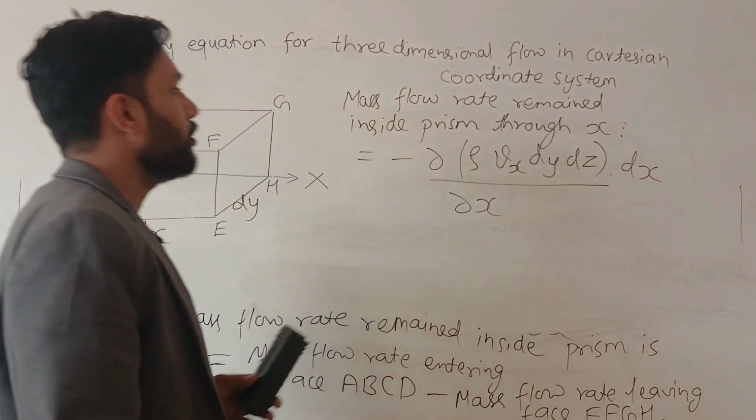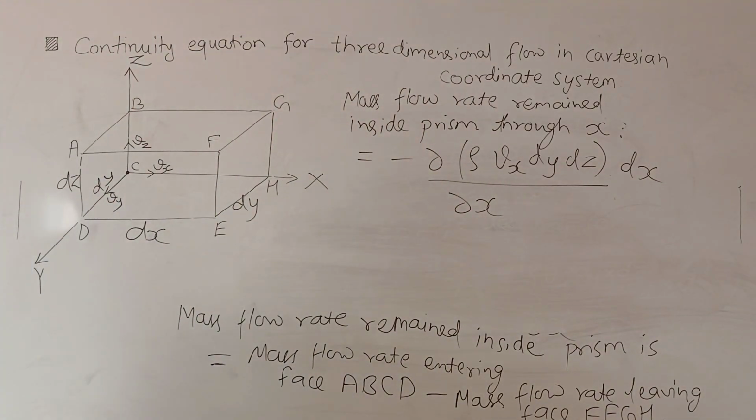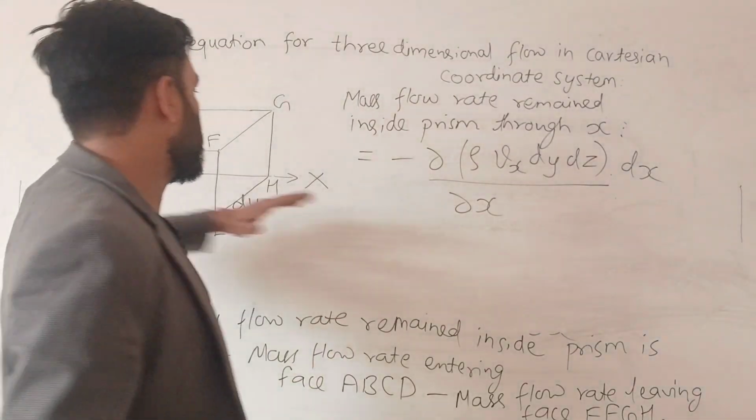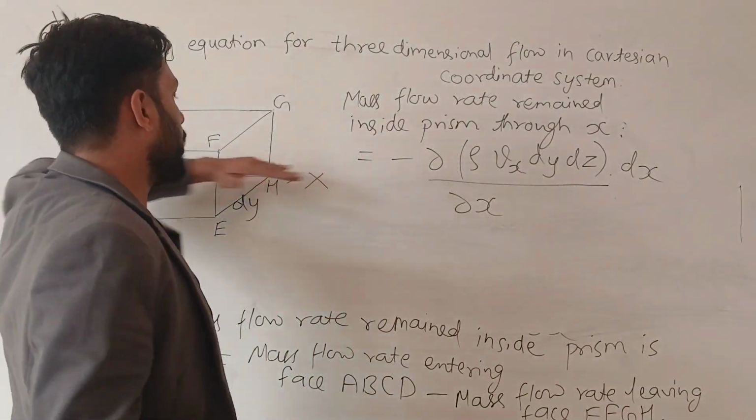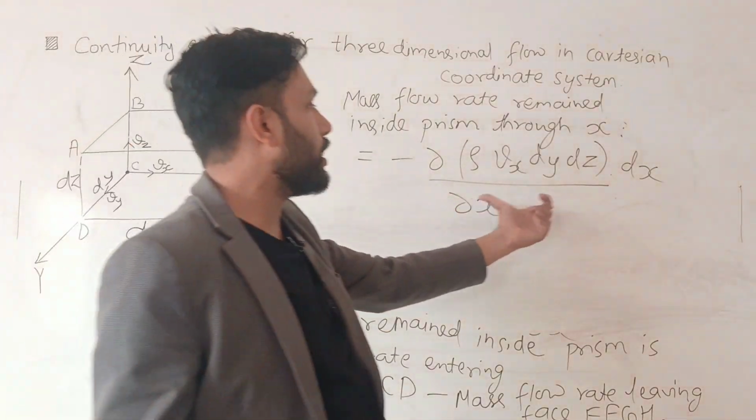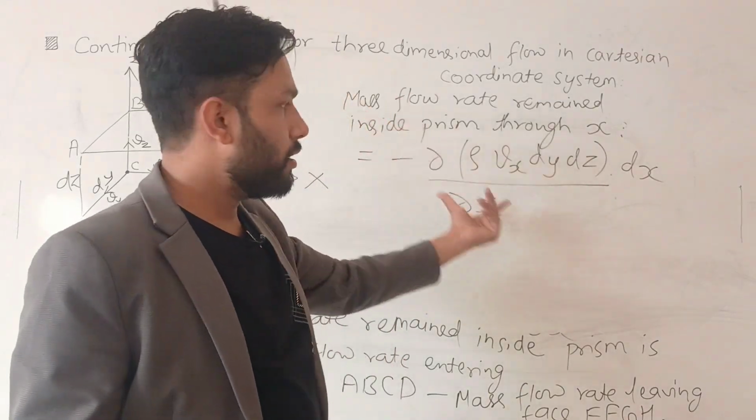This is the mass flow rate remained inside the prism through x. When you work it out in the x direction, you get the remaining mass flow rate this much.